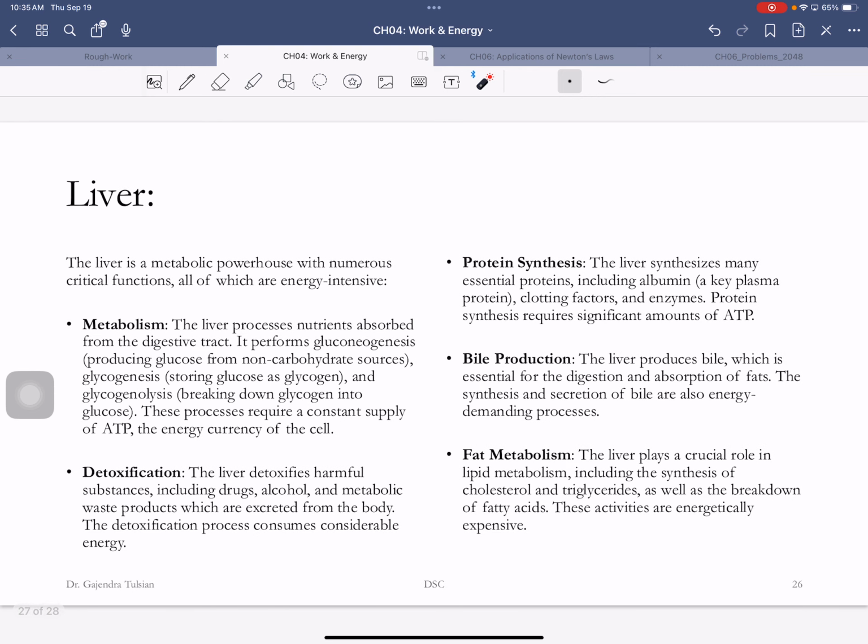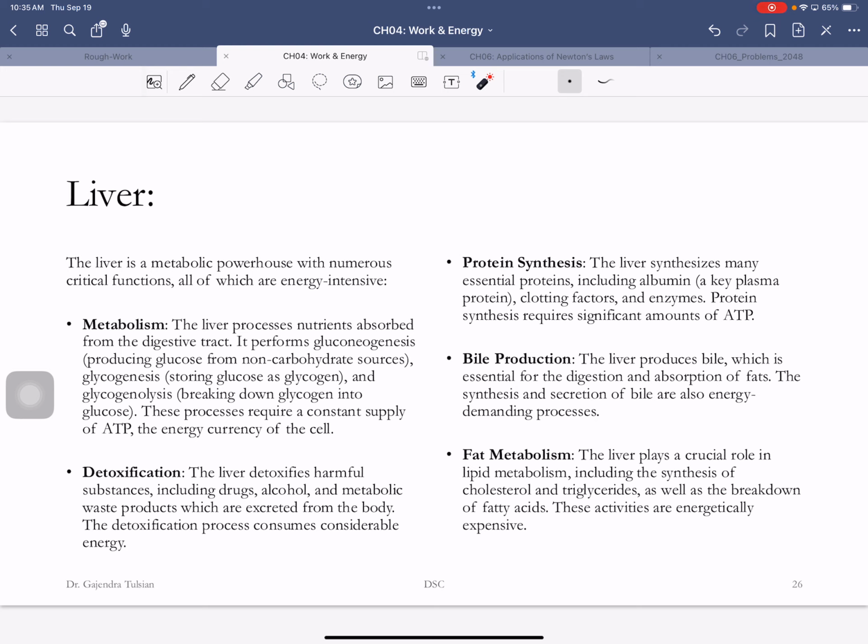So liver, for instance, the liver processes nutrients absorbed from the digestive tract. It performs gluconeogenesis, that is producing glucose from non-carbohydrate sources. Carbohydrate sources to glucose is easy. You just chop up the large molecules. Okay?